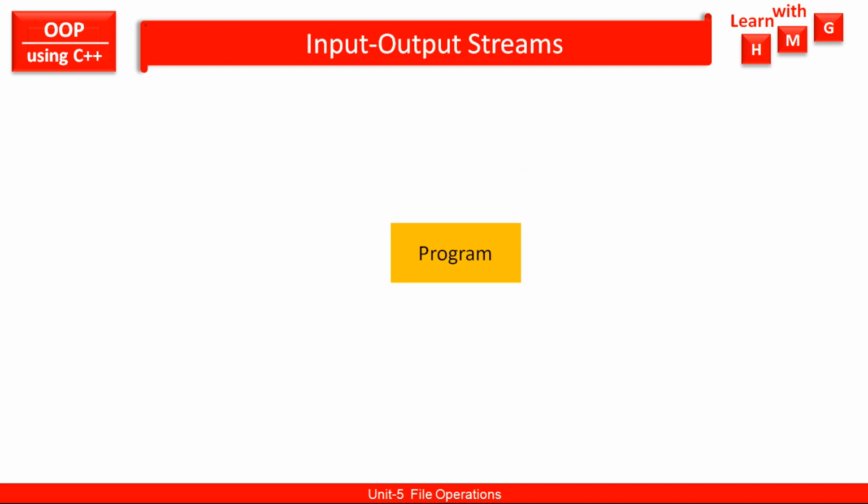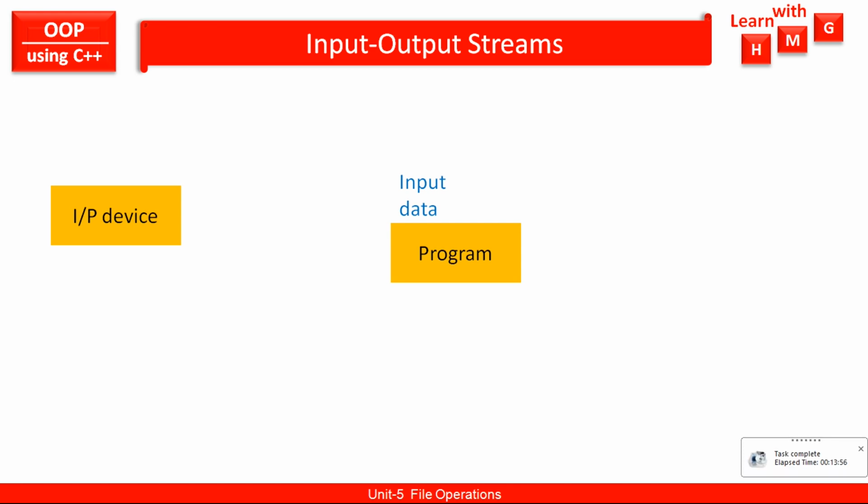Let us see the diagram, how the data is flowing from the program to input output streams. So this is a program, and this program requires input data. The input data is provided to the program through an input device.